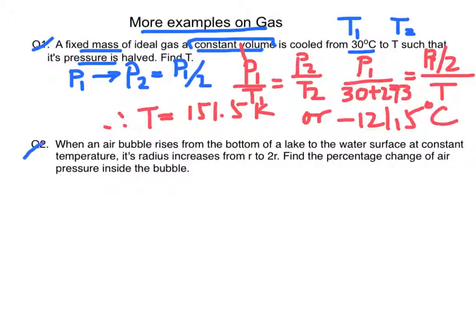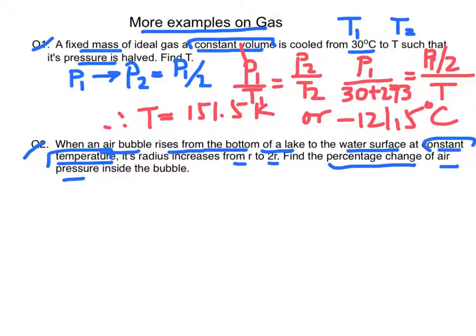Question number 2. The air bubbles rise from the bottom of the lake to the water surface at constant temperature. Its radius increased from R to 2R. Find the percentage change of air pressure inside the bubble.